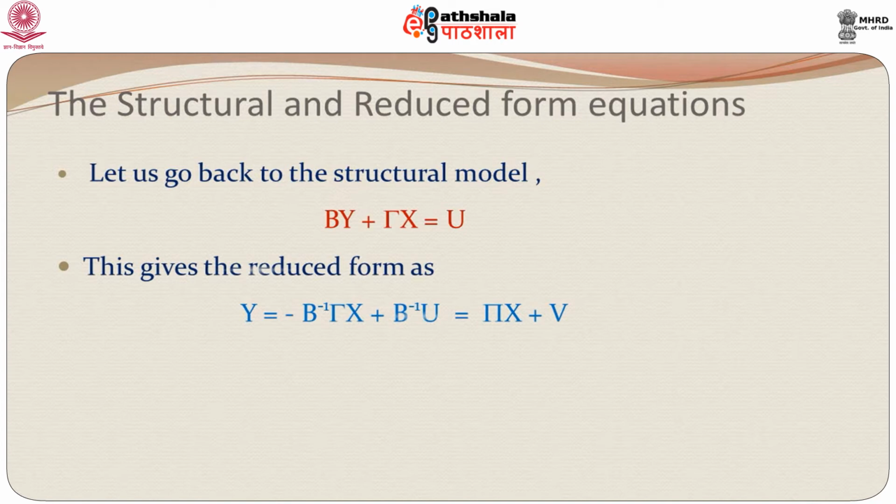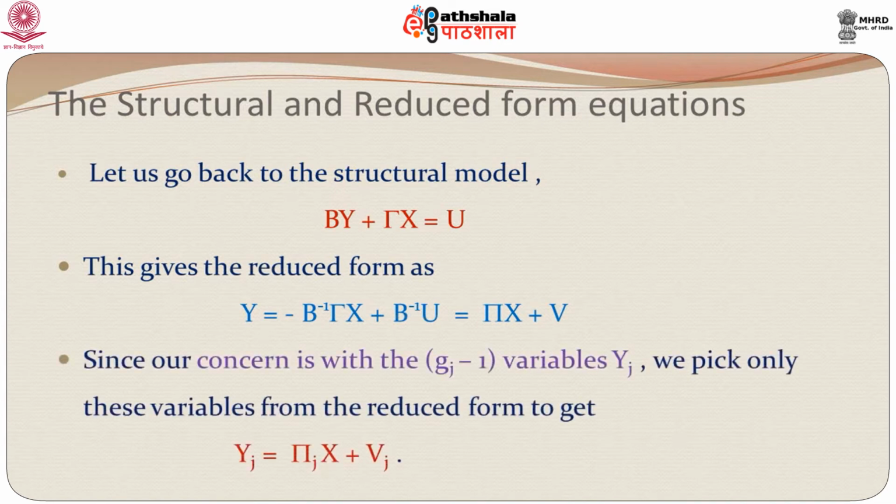Now, since our concern in this case is primarily with the Y_j variables on the right hand side of the jth equation, we need to replace these Y_j's. So, what do we do? We pick only those Y_j's from the reduced form. We have y = pi x + v.